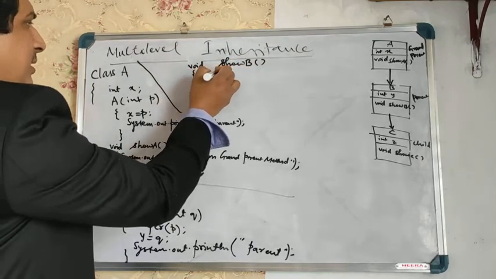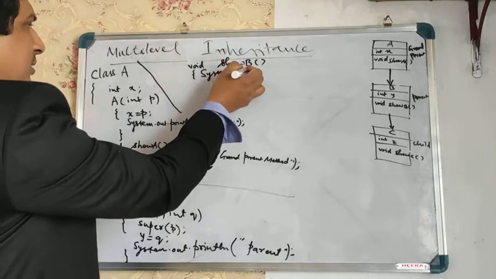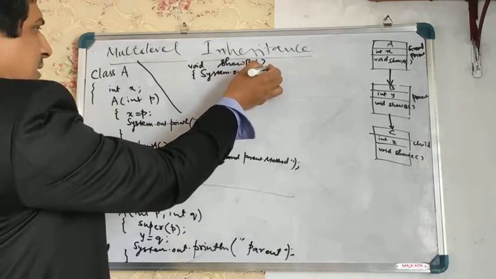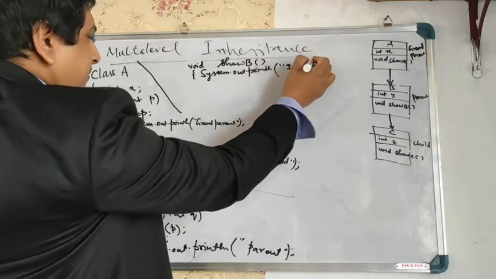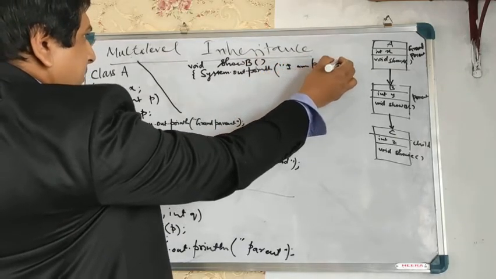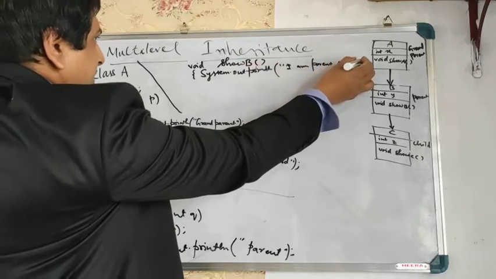Here I am writing System.out.println("I am parent method").